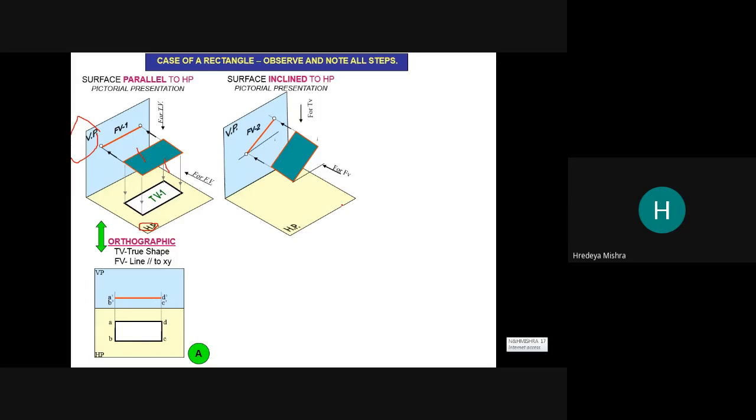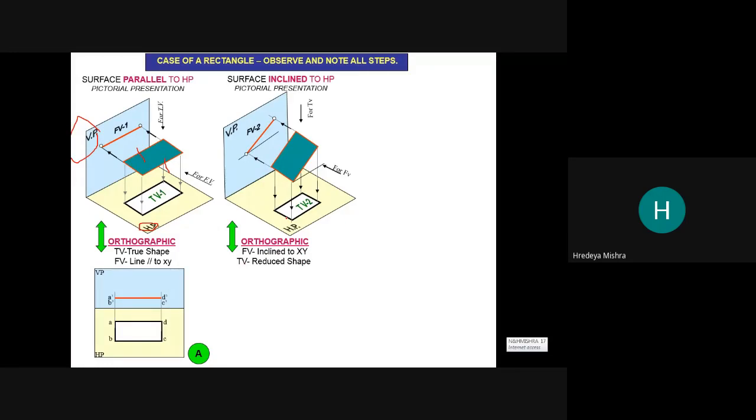And a rectangle in the top view, but that is not the true shape of the surface, because some inclination is there, so we can't get the true shape in the orthographic projection. See now, the front view is inclined to the xy line and the top view is a reduced shape.